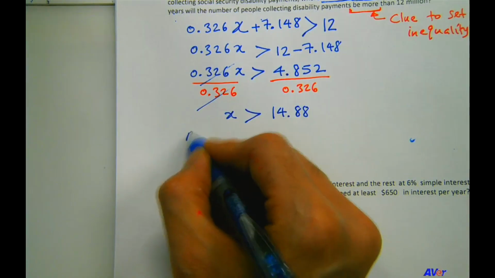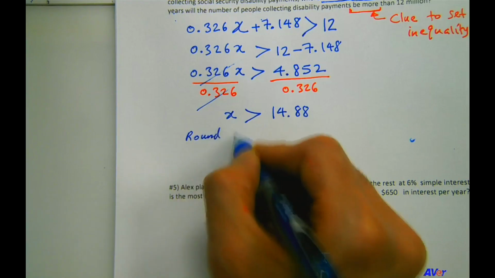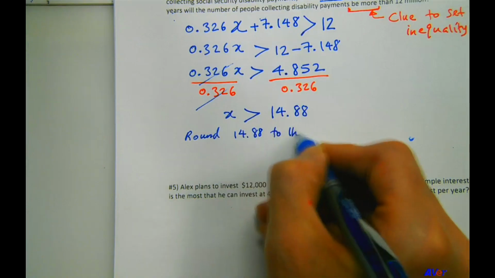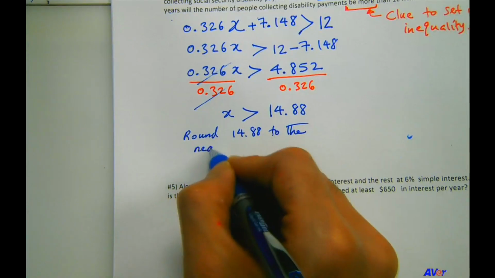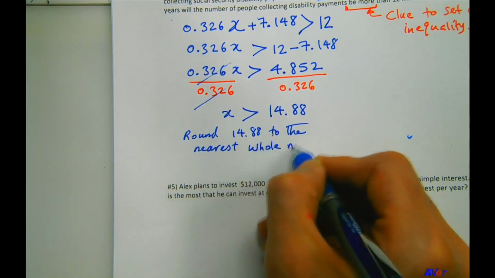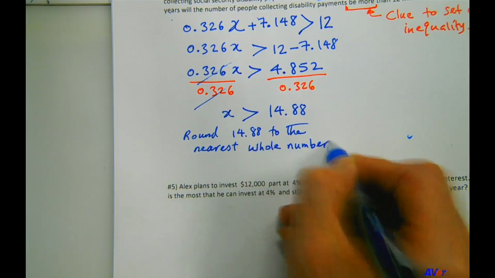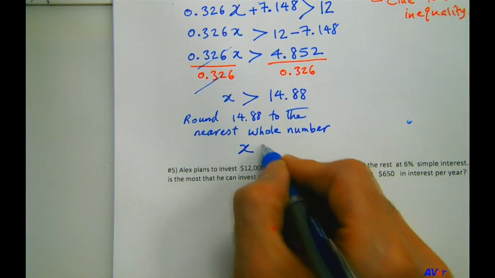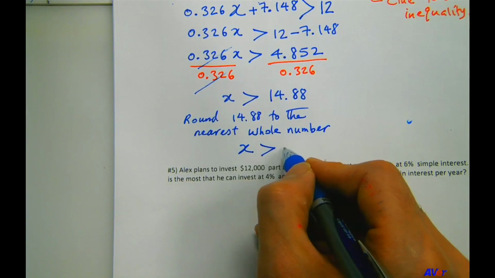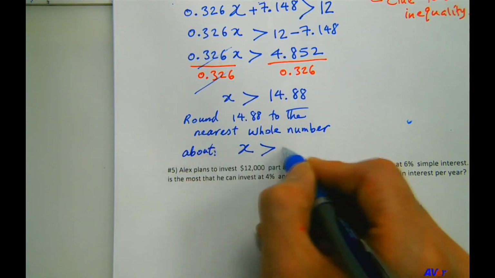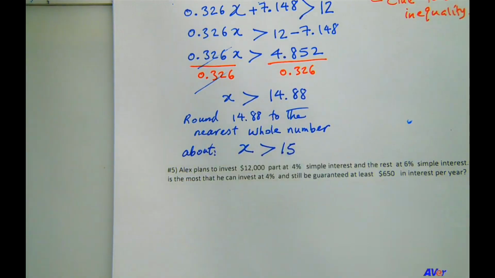So rounding 14.88 to the nearest whole number, this would be x greater than about 15.